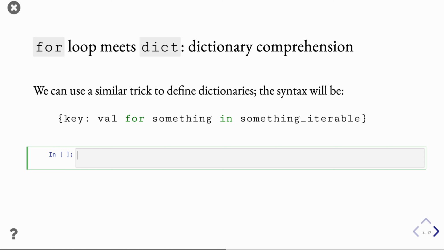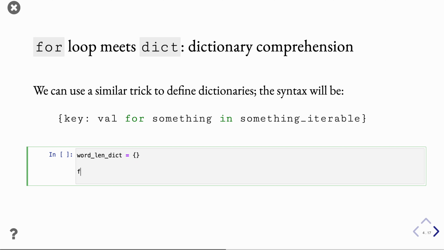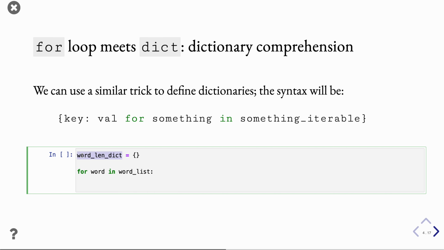One way of doing this in a loop would be, let's say, word_len_dic. We start with an empty dictionary and then we loop. We say for word in word_list, dictionary[word] equal to len(word).